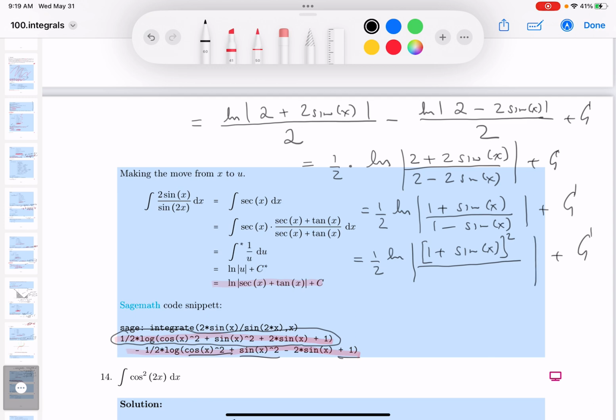We'll take care of that later, by the way. And if you multiply the bottom by that, you'd get 1 minus sine squared. And let me just think about that. So again, I'm multiplying top and bottom by the bottom's conjugate. So it's 1 plus sine x. You get 1 minus the sine squared, which can be minus cosine squared.